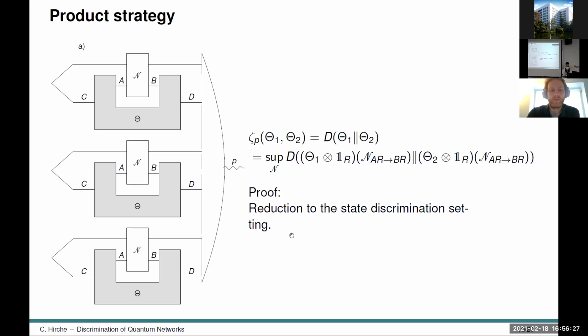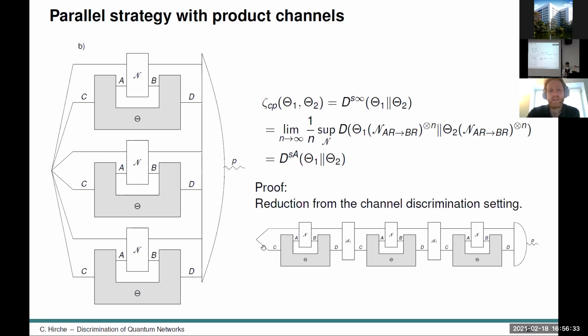But as you have seen before, it's never optimal to choose things in a product way. So the more natural way is, for example, to also choose all the input states as joint states. And indeed, we now get an easy result with the discrimination or with the error exponent in the setting.